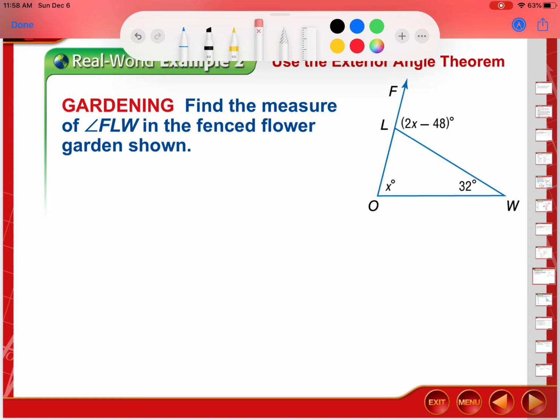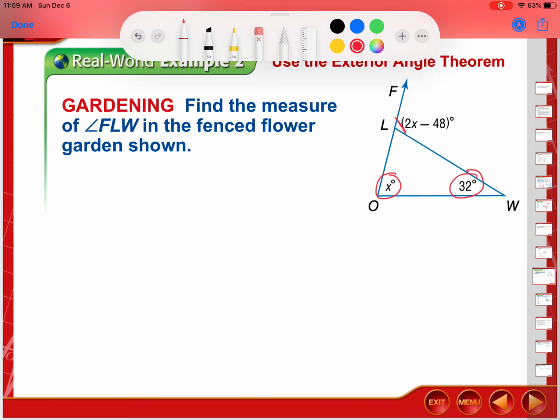So you're going to see a lot of algebraic problems with this. So they want us to find the measure of angle FLW in the fenced flower garden. So FLW is this angle right here, and it has the value of 2x minus 48. Let's see, what should we do next?